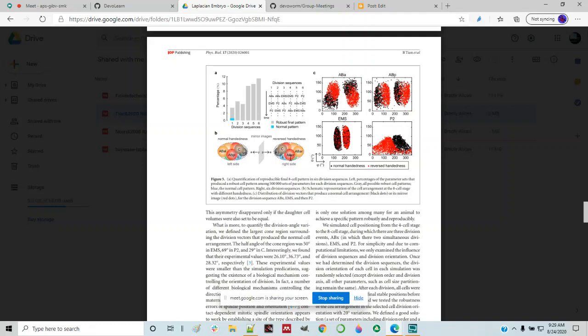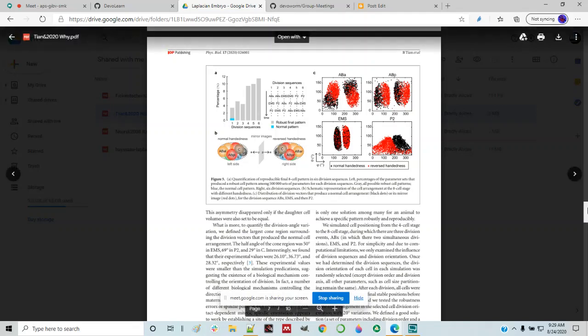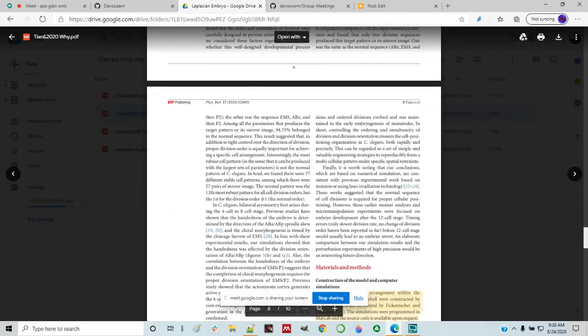So they're actually flipping the embryo around, and they're looking at what happens if you flip the posterior end to the anterior end, or you're flipping the left side to the right-hand side. What is the consequence of that? Yeah, that's something else we might look at.